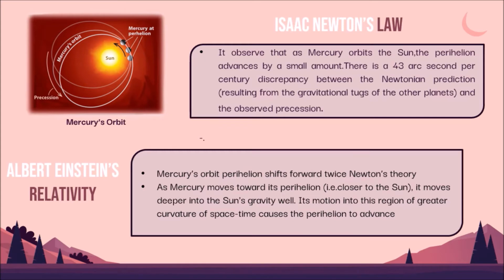As Mercury moved toward its perihelion, it moved deeper into the Sun's gravity well. Its motion into this region of greater curvature of space-time causes the perihelion to advance. Einstein's theory of general relativity predicts exactly the amount of perihelion advance seen in Mercury. Einstein viewed this result as the most critical test of his theory to date.